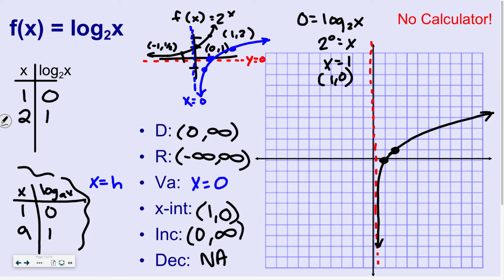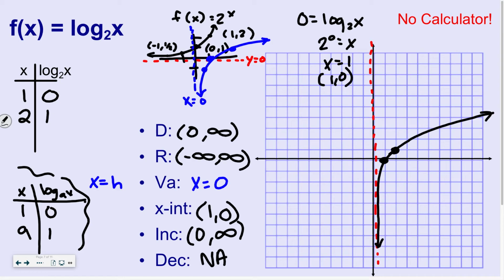Anything else? Yes, Nick. So I was doing an aside about the exponential function from yesterday. Okay. But we agreed that if the horizontal asymptote is y equals 0 and we switch x and y, then for this parent graph of a log, it's always going to be at x equals 0.